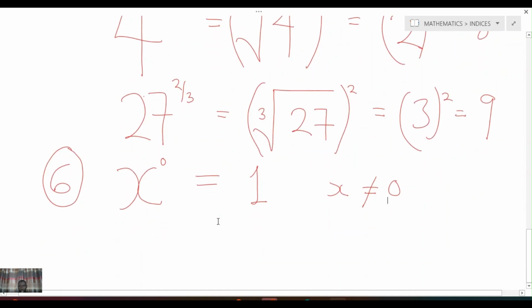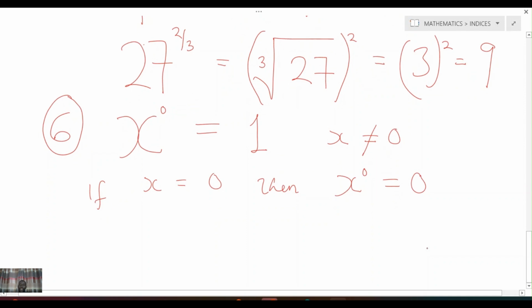If the number is equal to 0, if x is equal to 0, then x raised to power 0 will be equal to 0. Okay, meaning that any number raised to power 0 is equal to 1, provided that that number is not equal to 0. If the number is equal to 0, then x raised to power 0 is equal to 0.